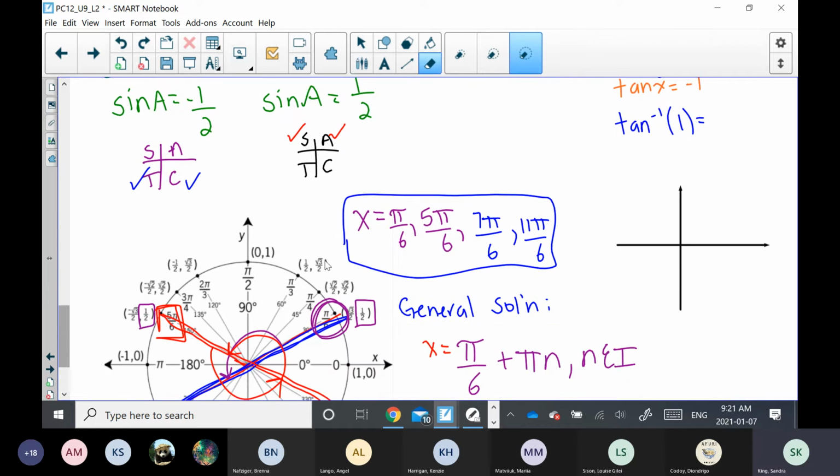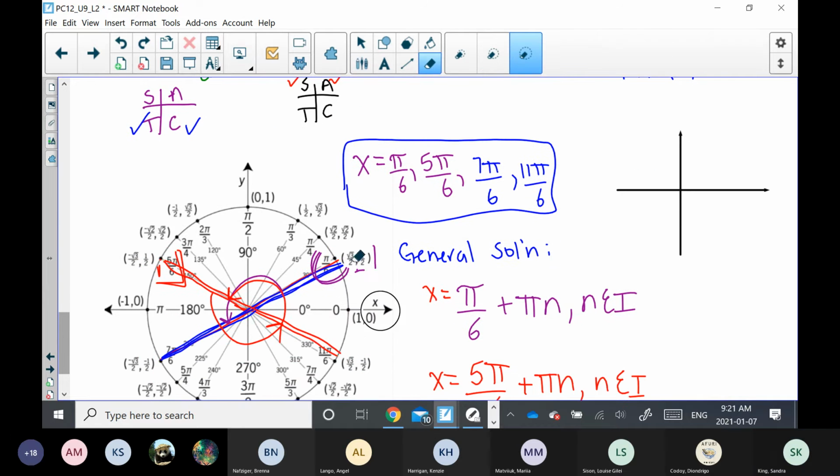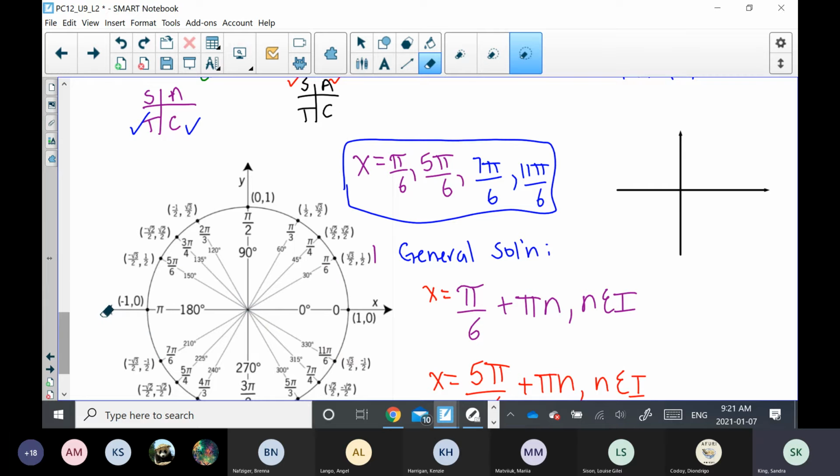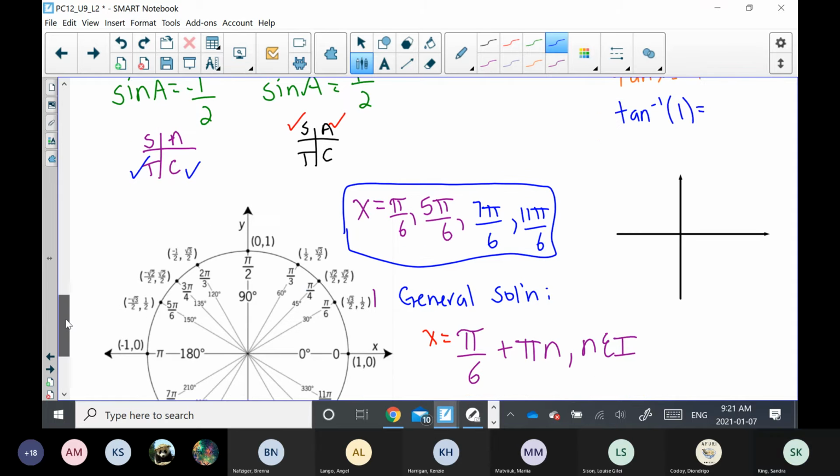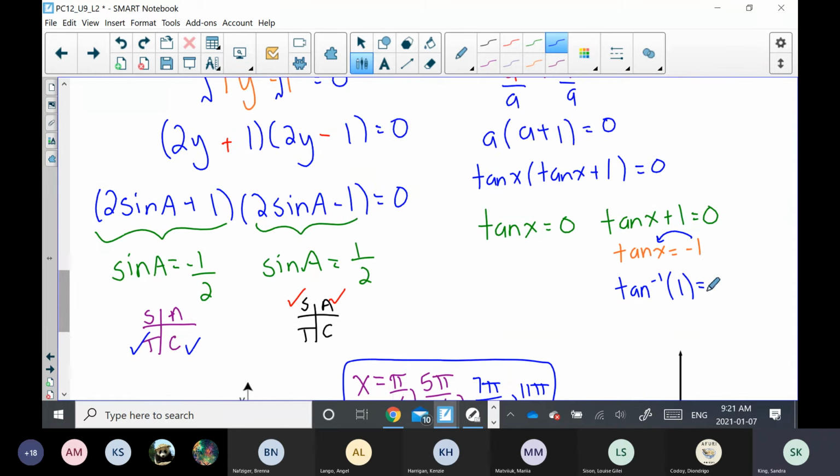If I go back to my unit circle, because we're in radians, 45 degrees is the same thing as pi over 4. So the reference angle is pi over 4 radians. We need to figure out where tan is negative.